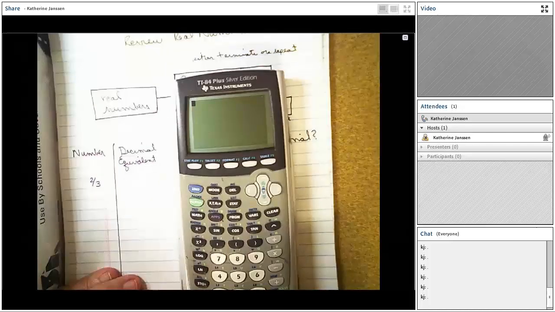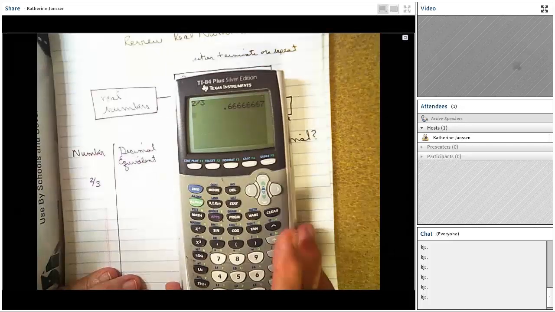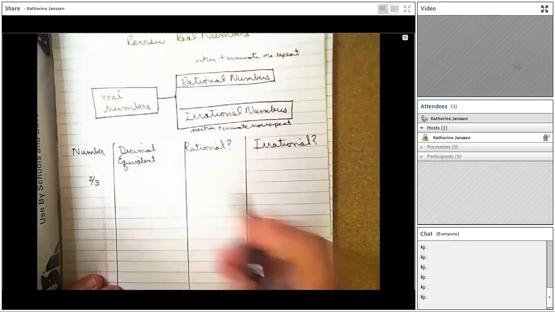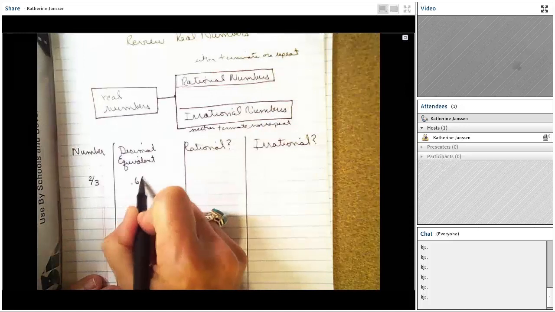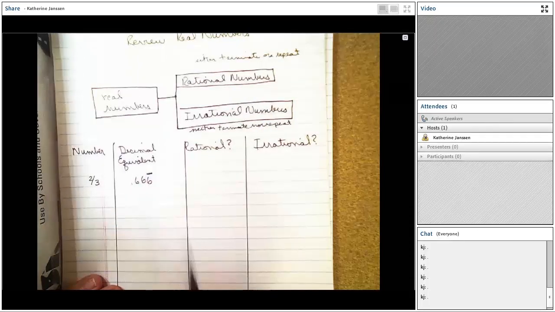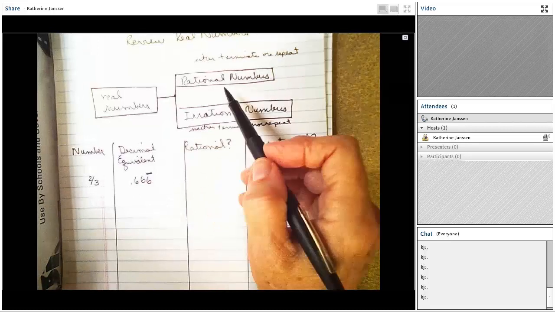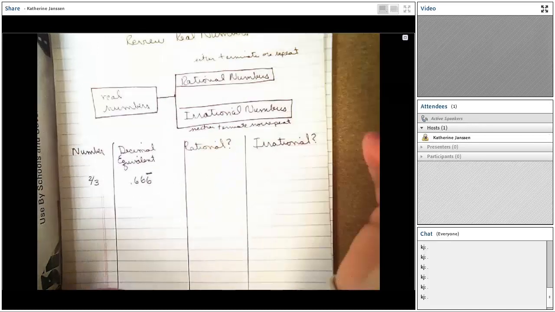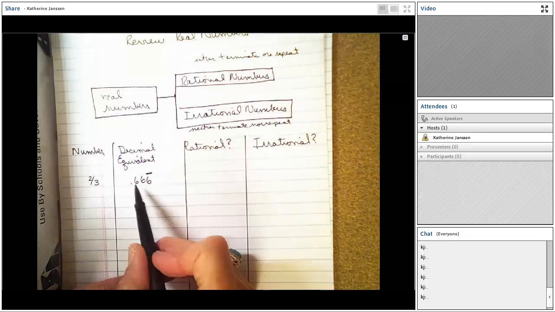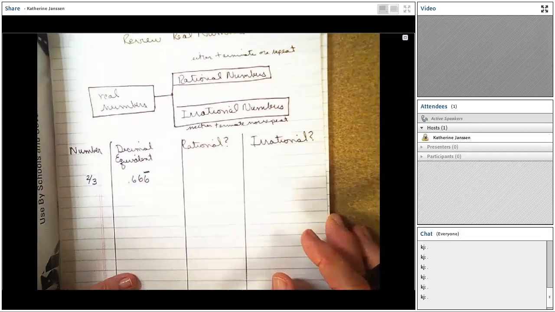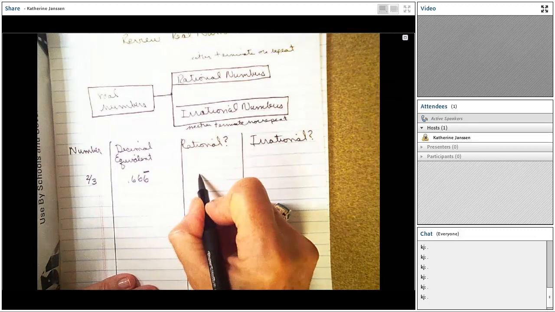And I have 2 divided by 3, and I get 0.6666, so that does appear in decimal equivalent form to be repeating. And rational numbers, so to speak, behave. They either terminate or repeat in decimal format. So there's a behavior here. They either terminate or repeat. So yes, this is a rational number.